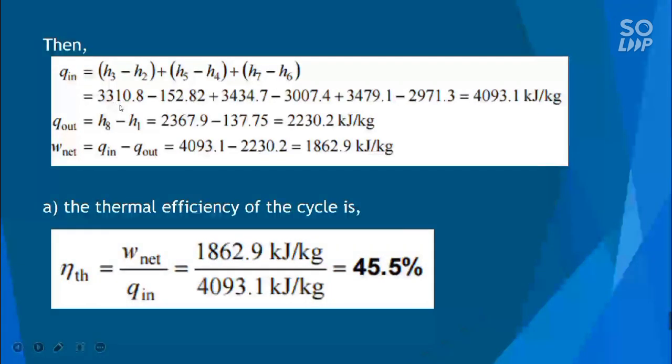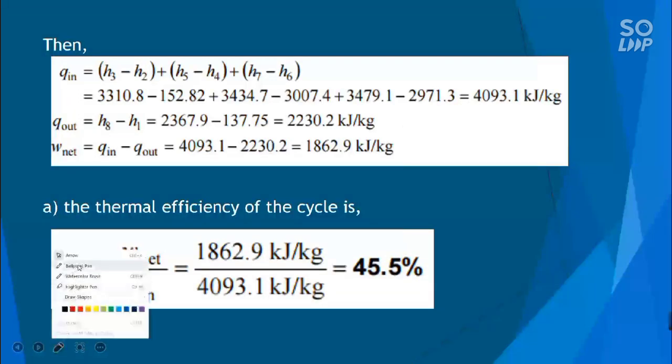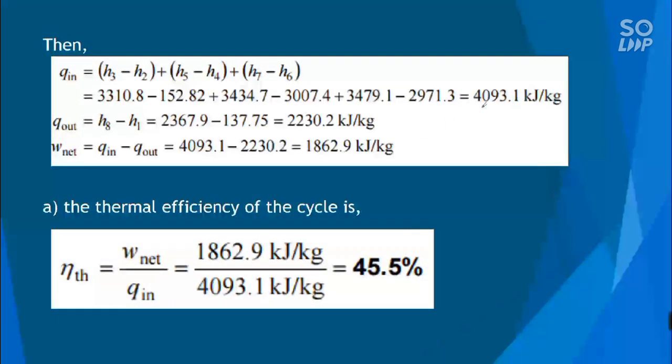So plugging in the values, we have 3,310.8 minus 152.82 plus 3,434.7 minus 3,007.4 plus 3,479.1 minus 2,971.3, and we get 4,093.1 kilojoule per kilogram.